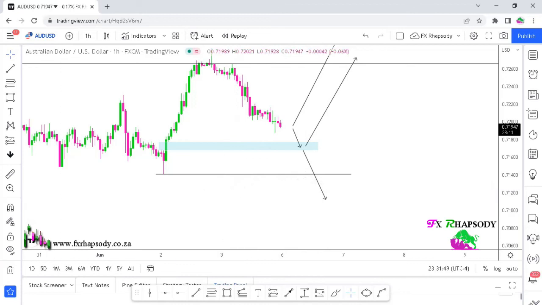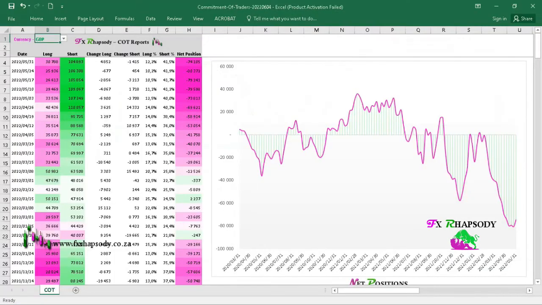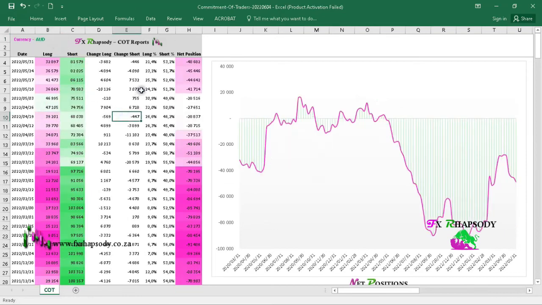Looking at our COT, Commitment of Traders reports, we're looking at the Australian dollar. With the Australian dollar, we can see that our net positions are getting smaller. So what we're seeing is the price going down.